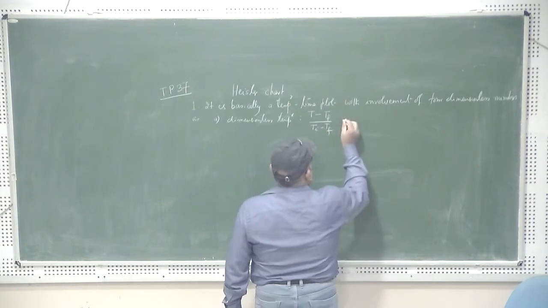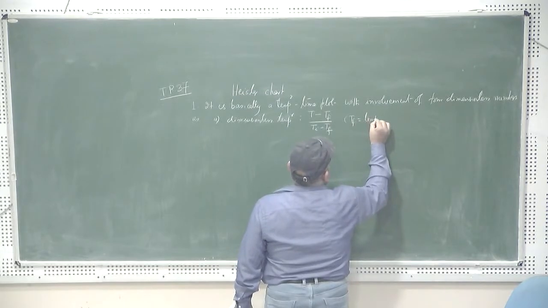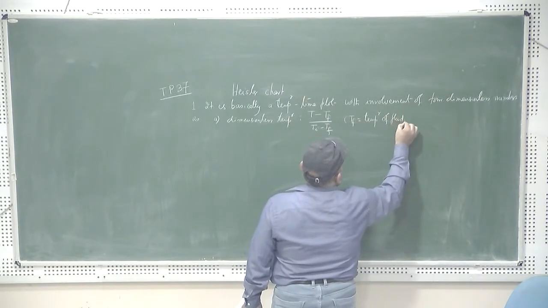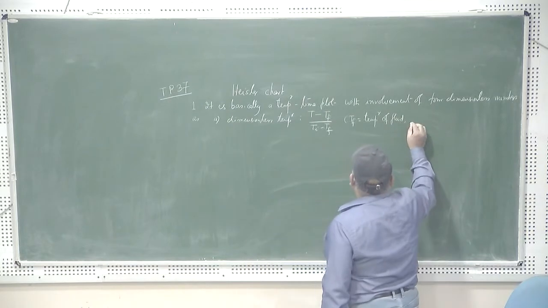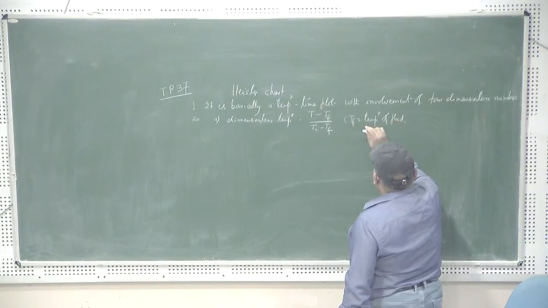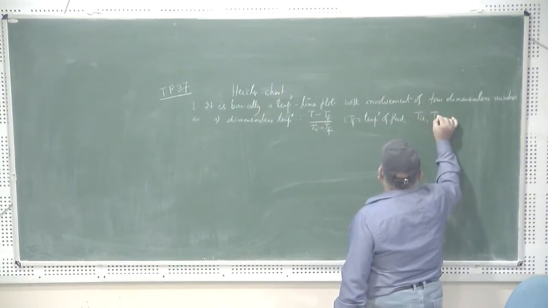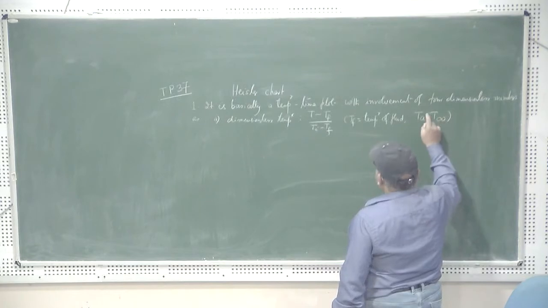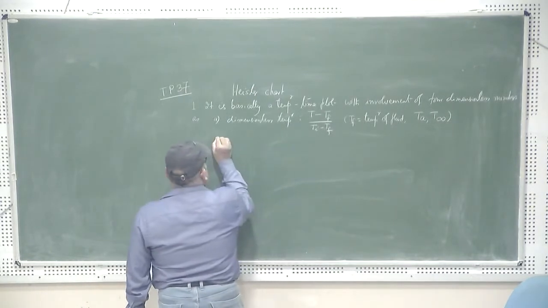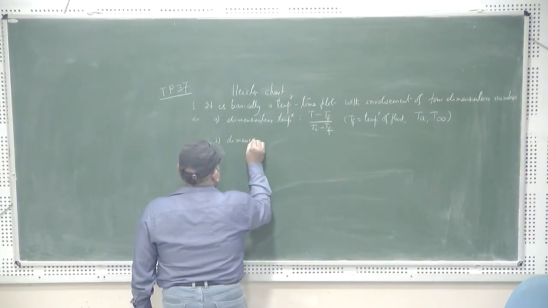So Tf is the temperature of fluid, and this Tf many times is represented as Ta, many times it is represented as T infinity, all have the same meaning. Second dimensionless number which is involved in this Hesler chart is the dimensionless time.